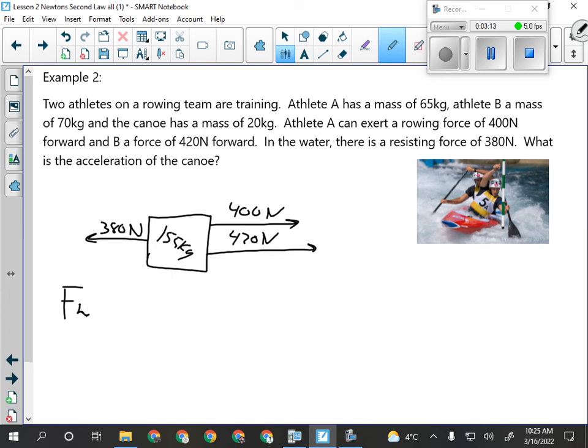So now we can calculate F net by taking the vector sum of all forces. So we'll go 400 plus 420, which is 820, minus 380. We're looking at 460? 440. See, I shouldn't do it in my head. I should just punch it in the calculator. 440 newtons forward. All right, what's my next step?